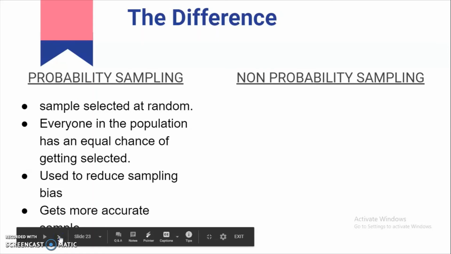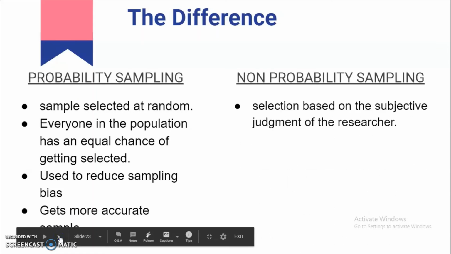Whereas in non-probability sampling, selection is based on the subjective judgment of the researcher. When you think about all the non-probability sampling methods, that is convenience sampling, quota sampling and all that, in all those sampling techniques the judgment of the researcher is an important factor.